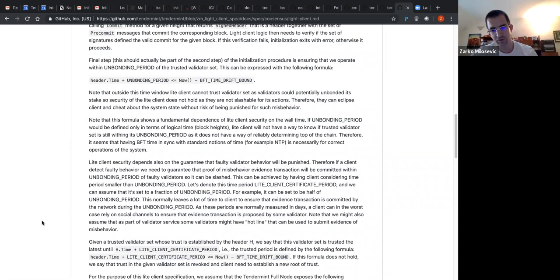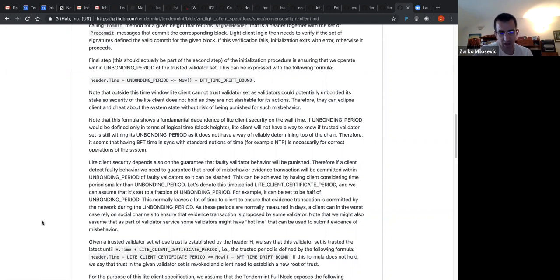If I'm able to initialize my light client with a trusted validator set for a given height, then I'm essentially receiving a certification from the Tendermint point of view that I am fine to use the light client in the context of that validator set for some period of time, which is smaller than the unbonding period.